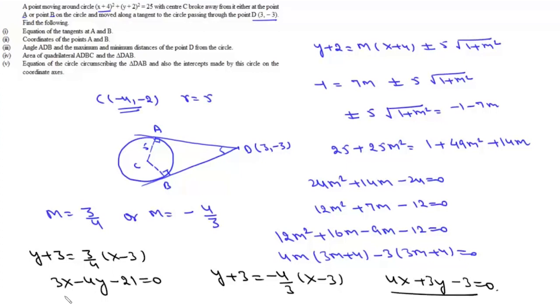So these are the equations of the two tangents. Now the second question is, find the coordinates of the points A and B.